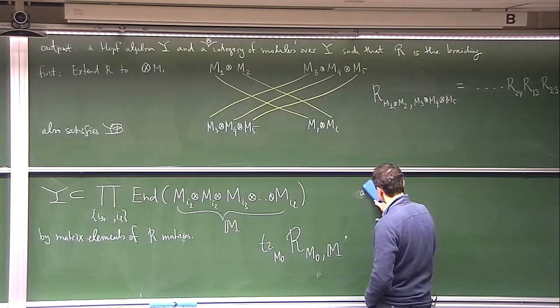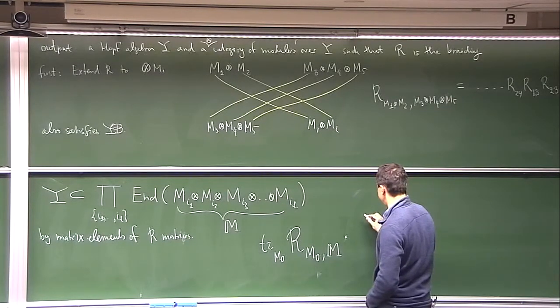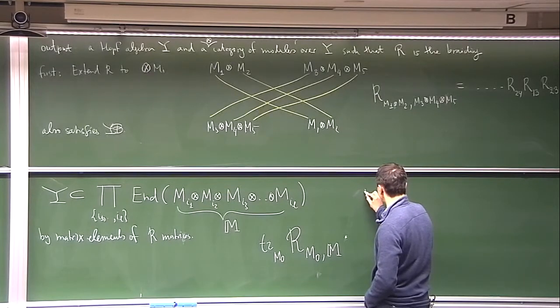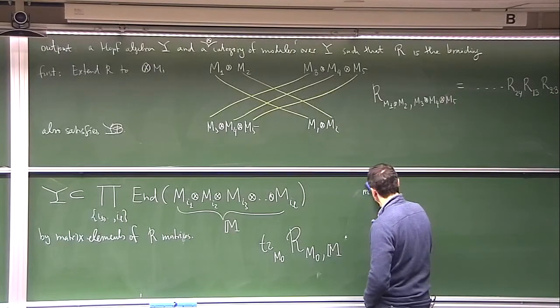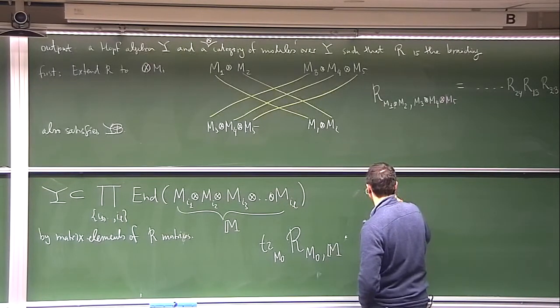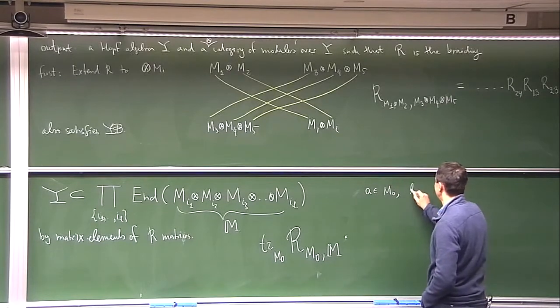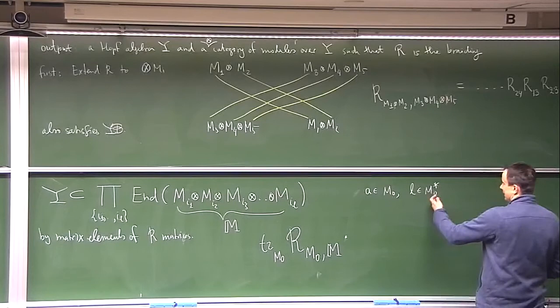What's a good name for a vector? Say A, an element of M0, and L, an element of M0 dual.